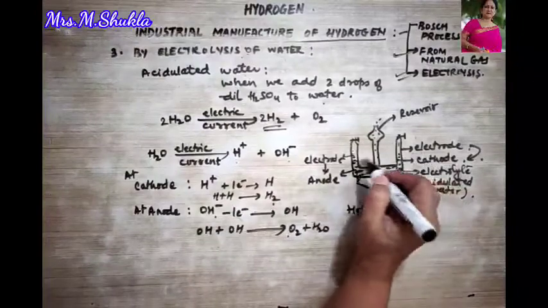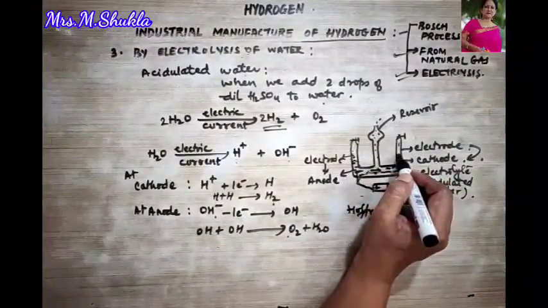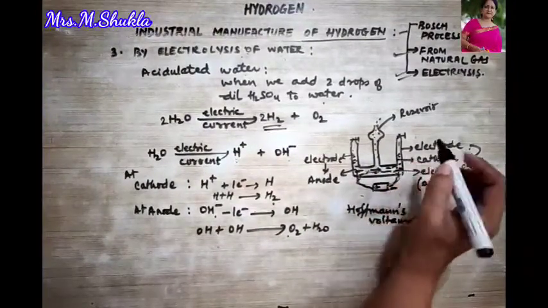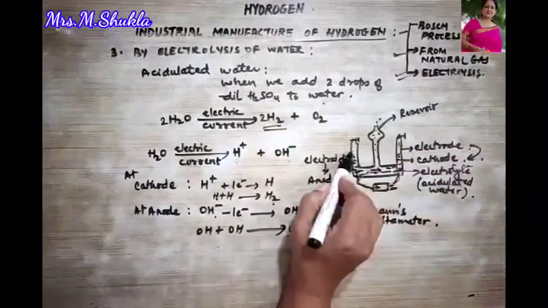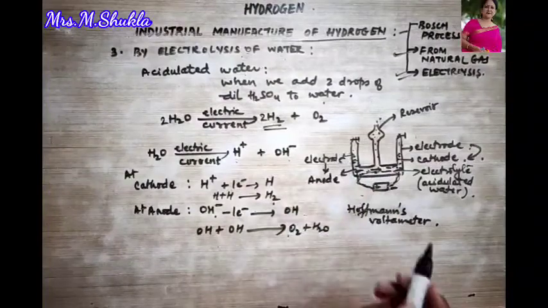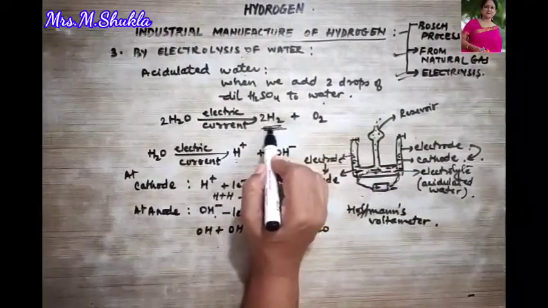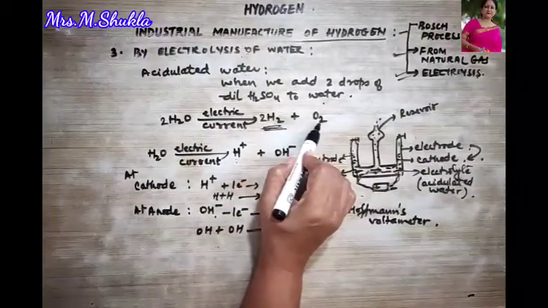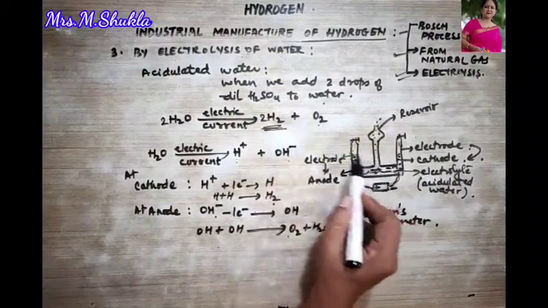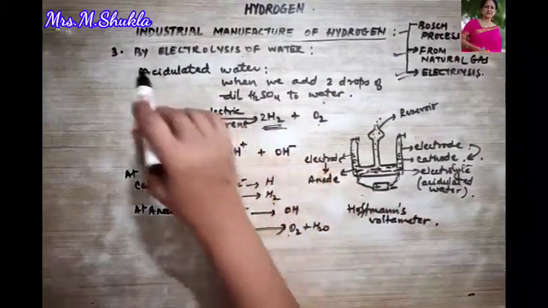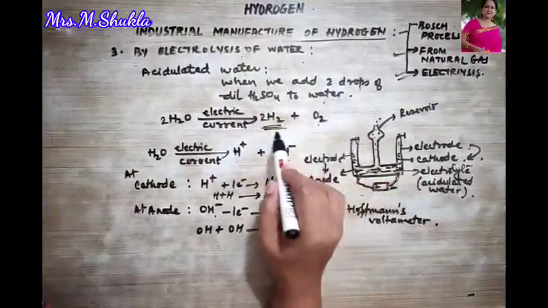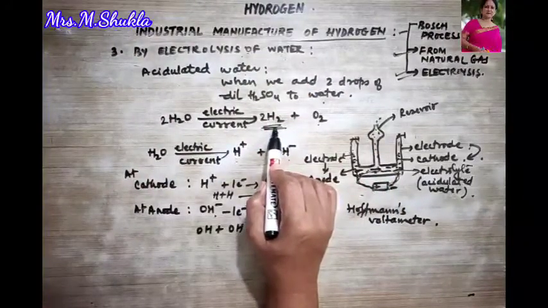Clear? Now if you observe these two electrodes, you will find that the hydrogen gas is just double what we collect as oxygen gas. Hydrogen is just double what we obtain as oxygen at anode. Clear? So in this electrolysis process, what is our motive?